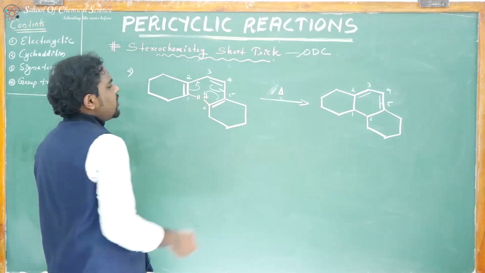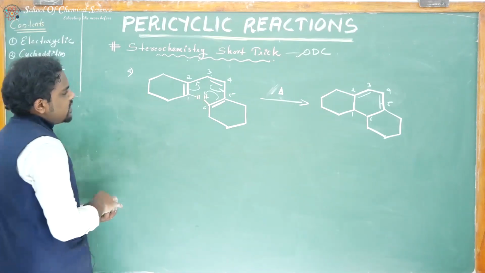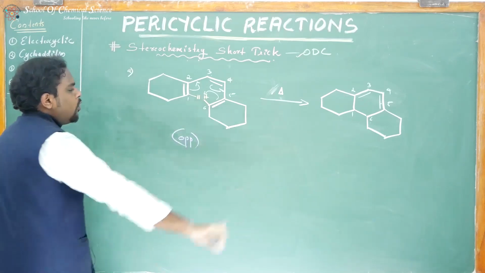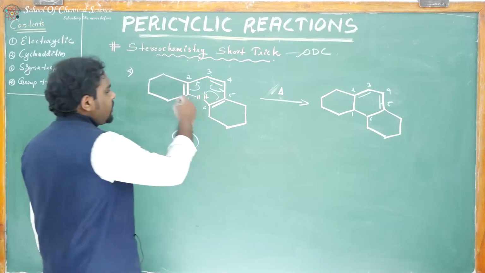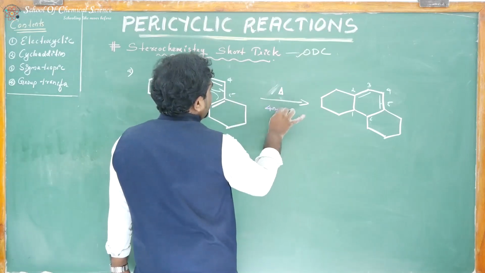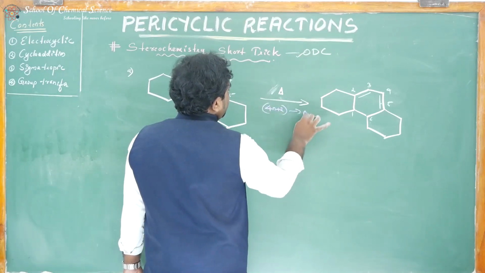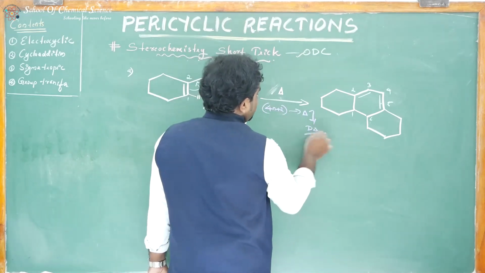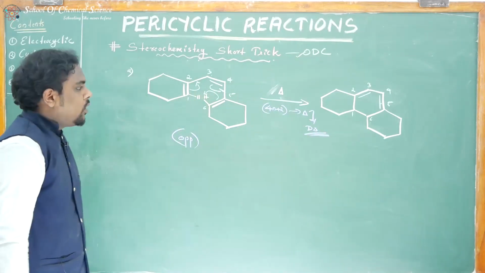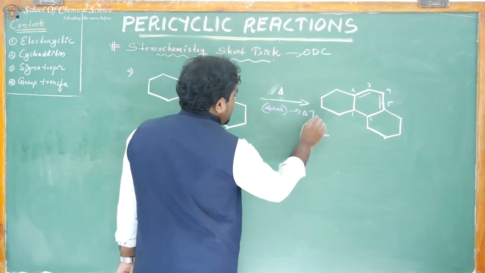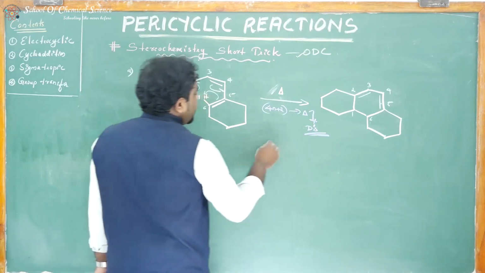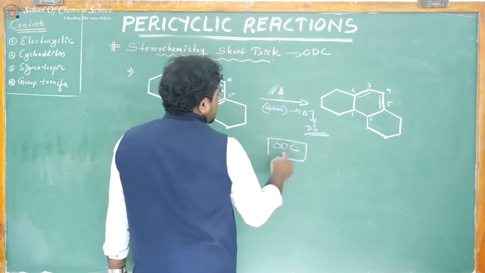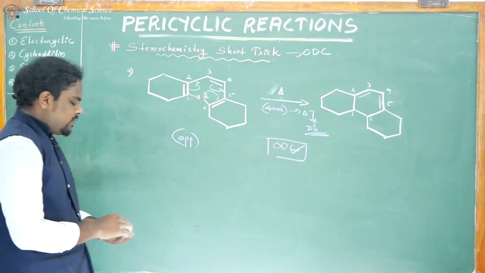You have to predict the stereochemistry of these two hydrogens. First hydrogen is below, second hydrogen is above. That means the two hydrogens are in opposite direction. The system is 4n plus 2 because 6 pi electrons are there. 4n thermal is conrotatory, therefore 4n plus 2 thermal is disrotatory. So follow the ODC rule: substituents are opposite, rotation is dis, so definitely the stereochemistry will be cis.